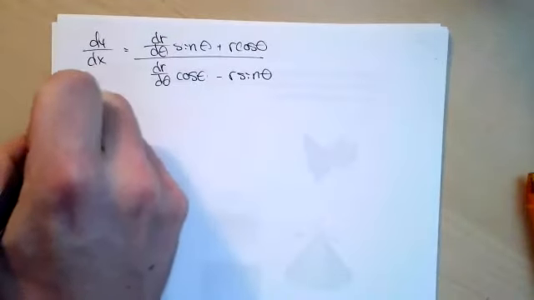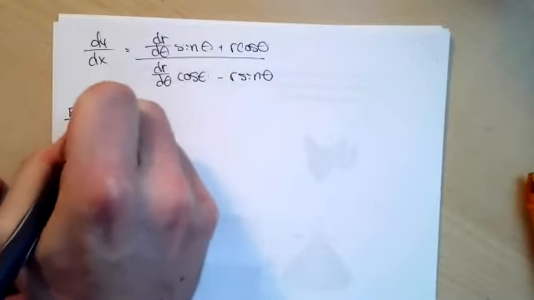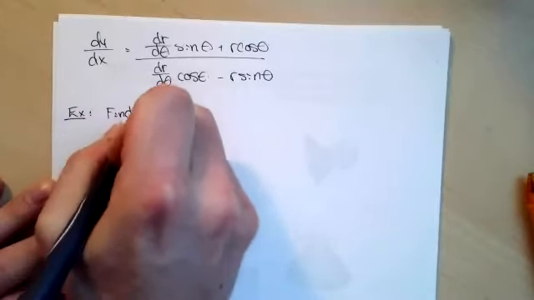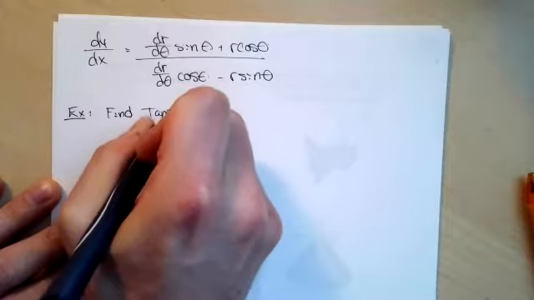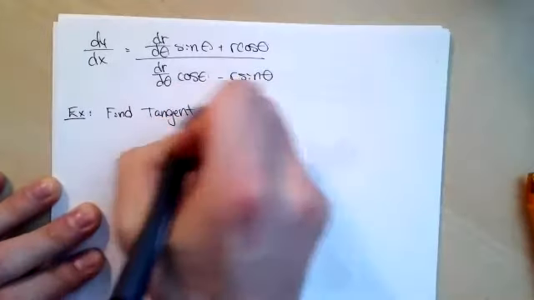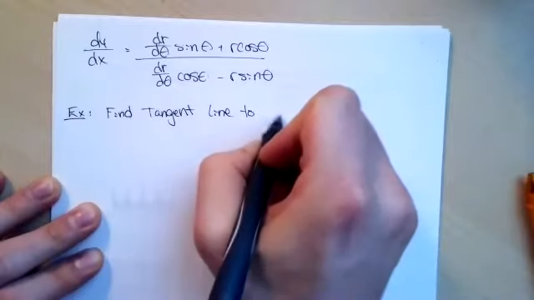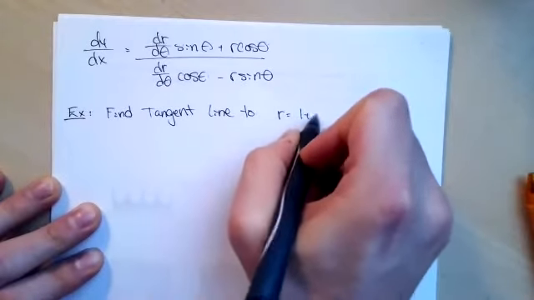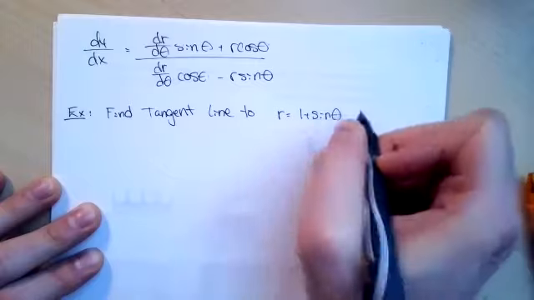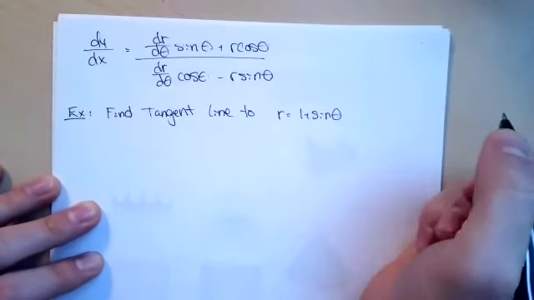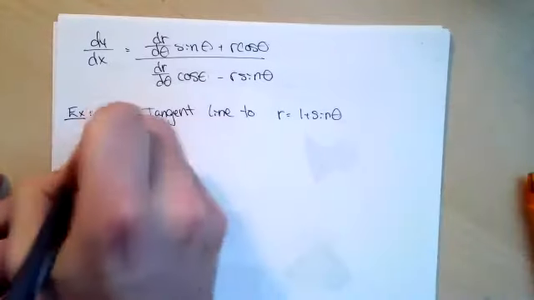And our example we wanted to work out is finding the tangent line to the function r equals 1 plus sine theta when theta is pi over 3.